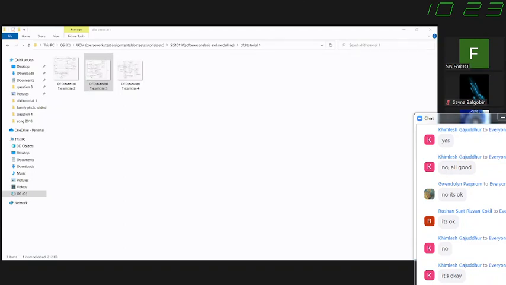Now, can you see it? No. Maybe it's taking some time. Can the others see? Because I'm not seeing any diagram. I can see your screen, but did you open the diagram? We are not seeing the diagram as well. Can you stop sharing and share again? Maybe it didn't load properly.